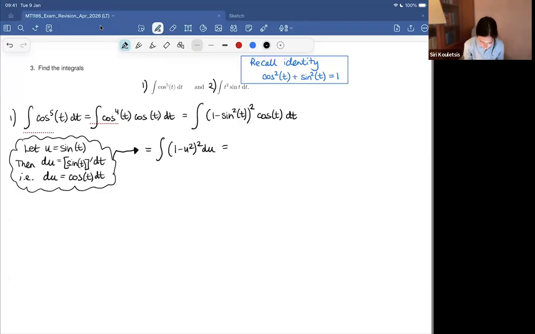Now we just need to expand here. 1 minus u squared all squared is 1 minus 2 times the product of 1 and u squared, plus u squared squared, so that's u to the 4, du. And now we see that we have a simple polynomial that we can integrate.